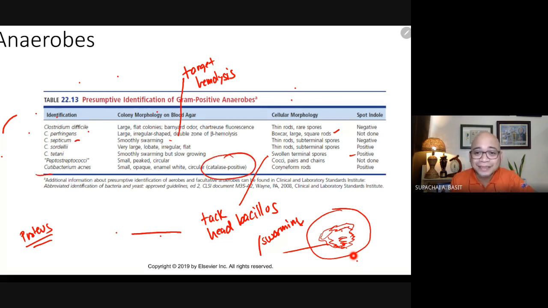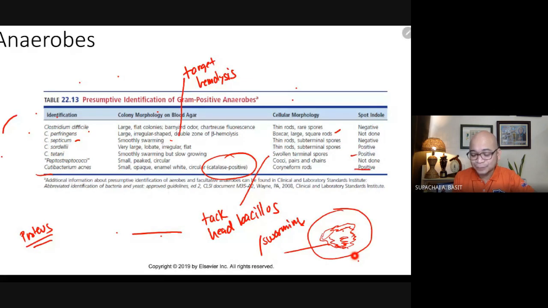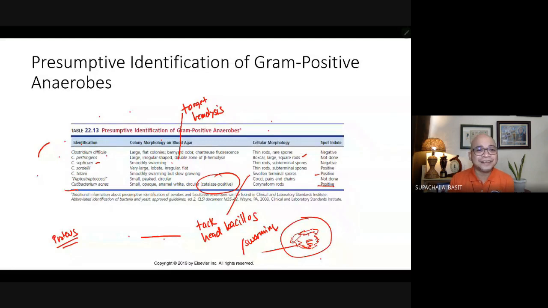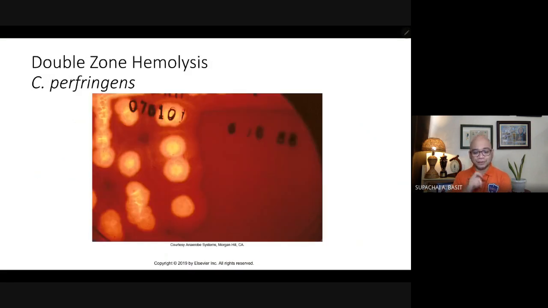If you remember the catalase test, rapid effervescence of gas is considered a positive reaction. This one is characterized by coryneform rods, and it is usually positive with spot indole. These are the different presumptive identifications for gram-positive anaerobes.